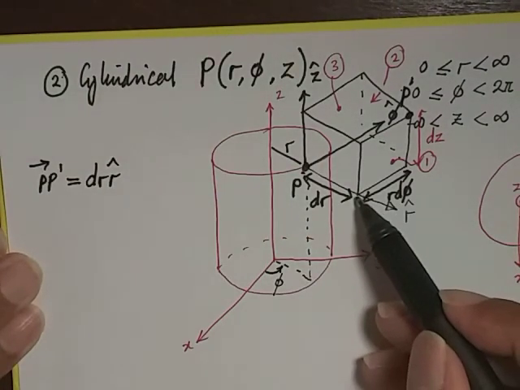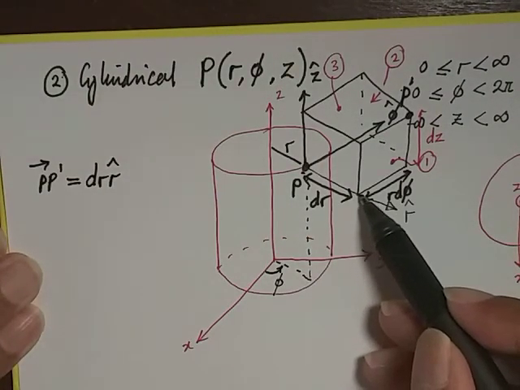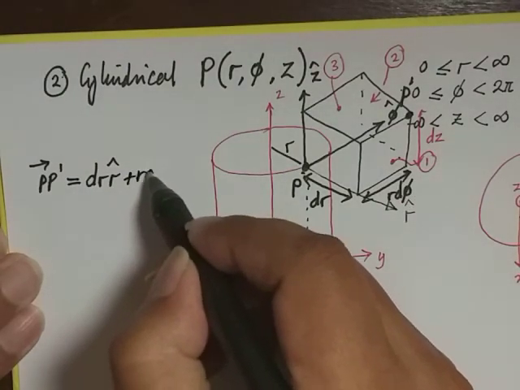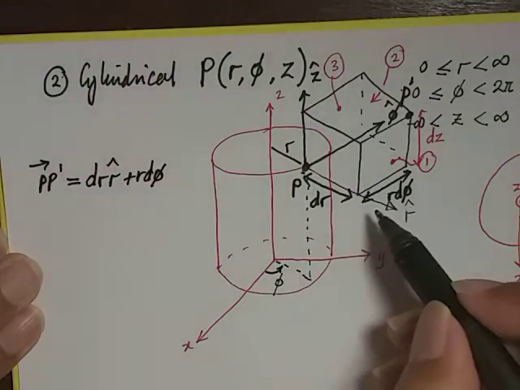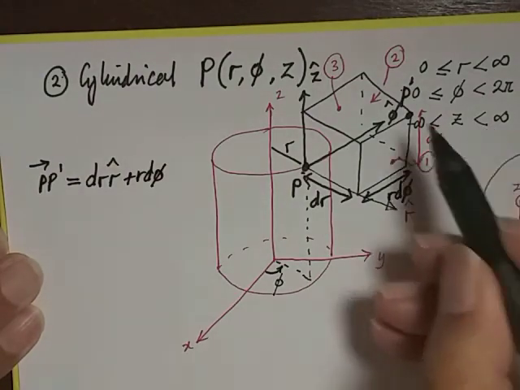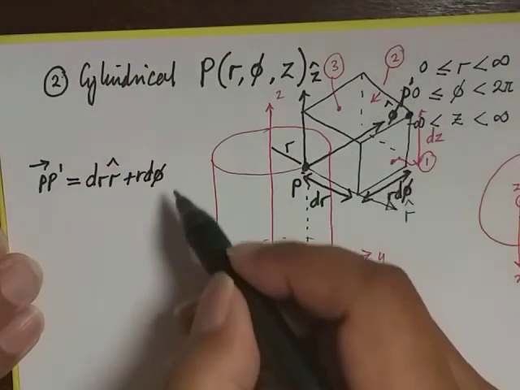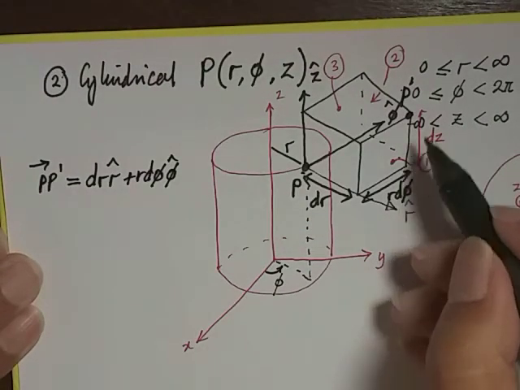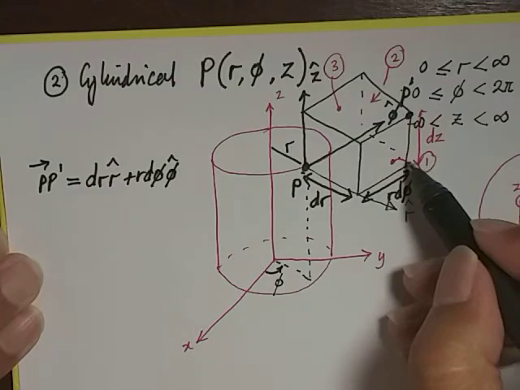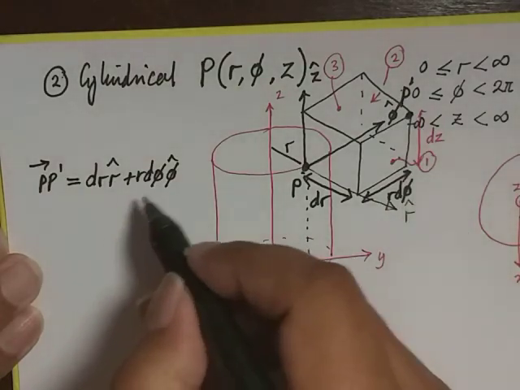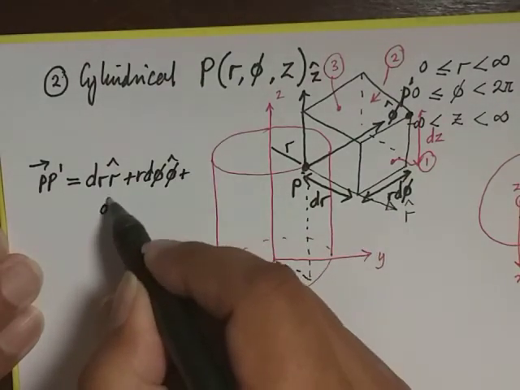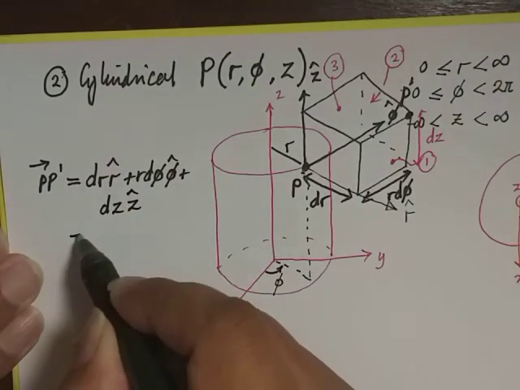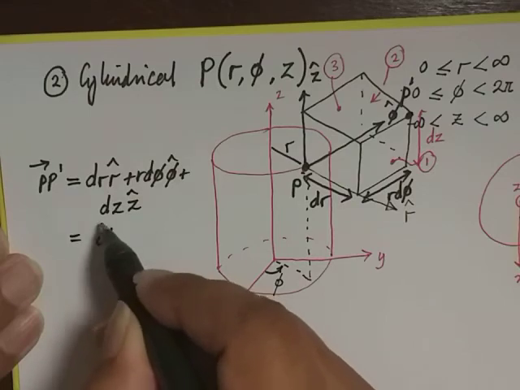So I'm here now, continuing my journey, following this path. The magnitude is r d phi, and the direction is agreeing with positive phi, so it should be phi there. Still not arriving at the destination, which is up here, I have to continue this journey. So I'm going to add again the magnitude of the third stage, which is dz in the z direction. Now this is what we call dl.